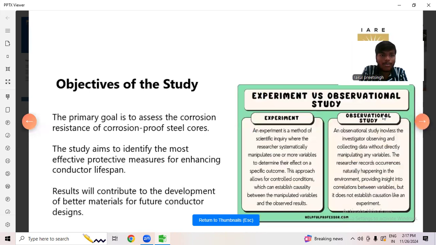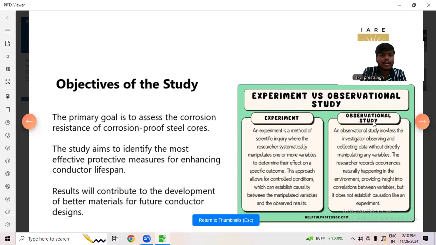Next, objectives of the study. The primary goal is to assess the corrosion resistance of corrosion-proof steel cores. The study aims to identify the most effective protective measures for enhancing conductor lifespan.